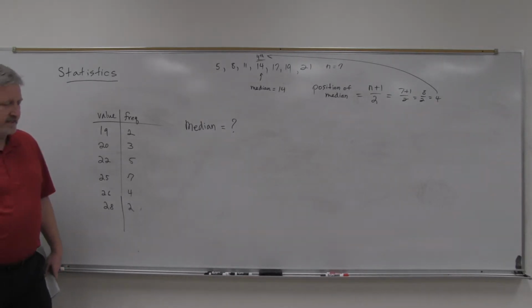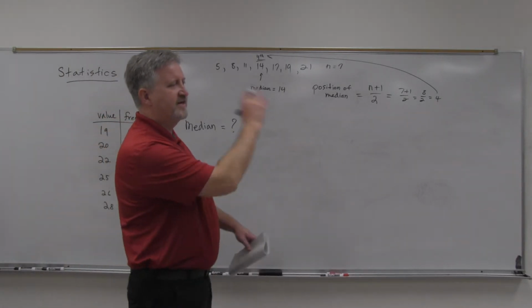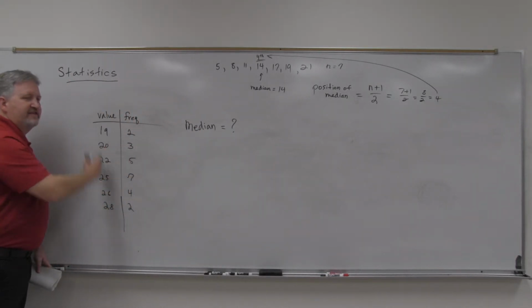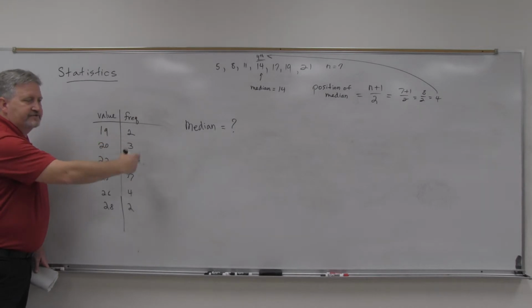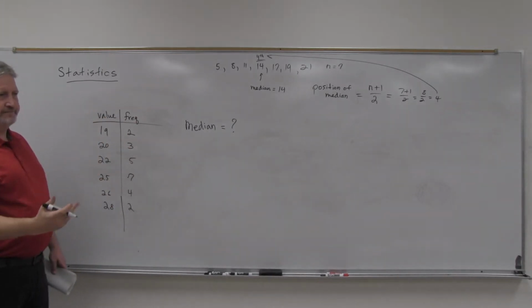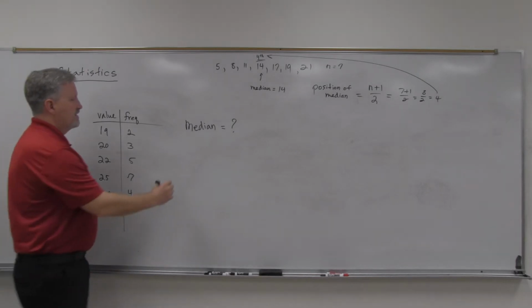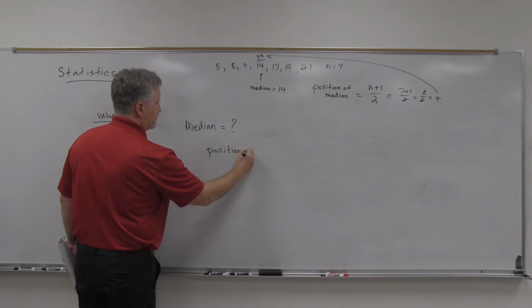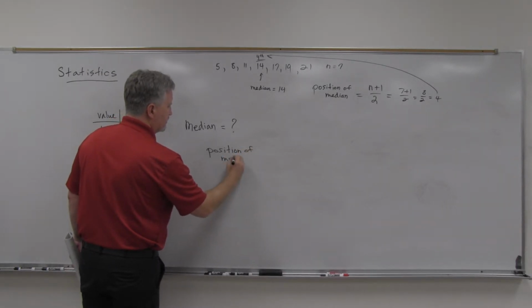Now why do I bring that up? Well, because here, again, I can't look at these values to get the median because there's more than just one of each. So if I could figure out, first of all, the position of that median, that might help.